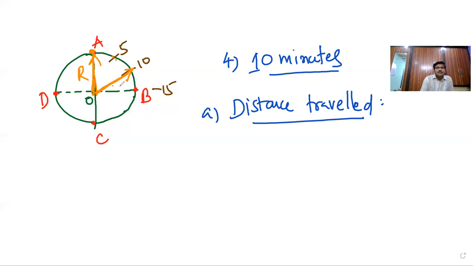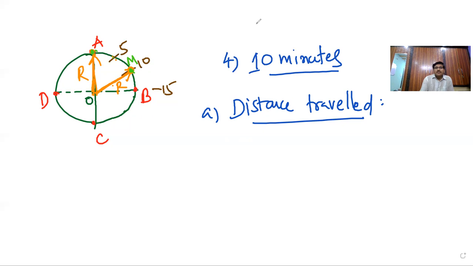Both are having the radius R. Here I am indicating this is the final position. Let us say this is M. So A is the initial position, M is the final position. The minute hand is moving 10 minutes, so AM is 10 minutes.